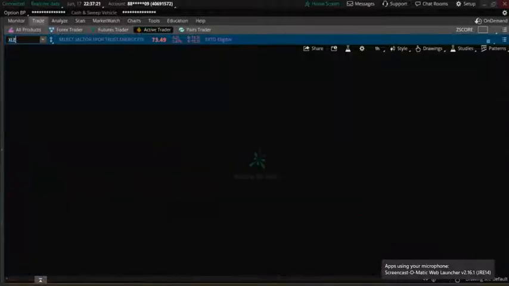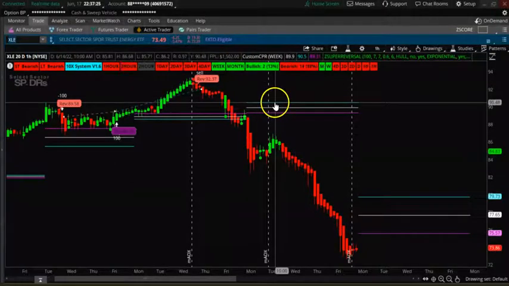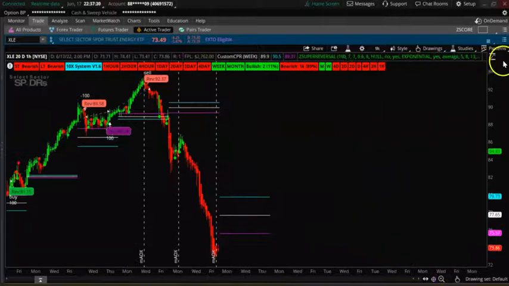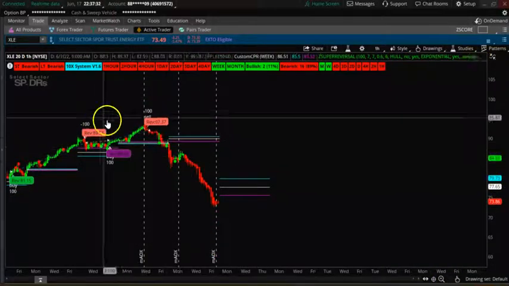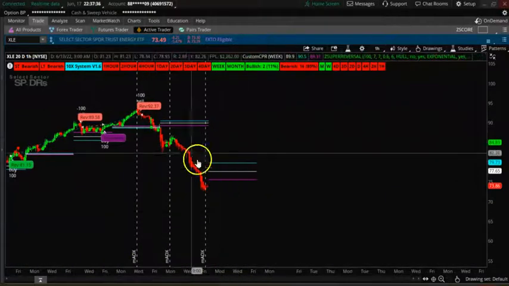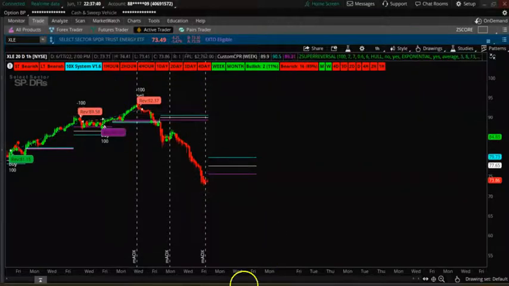You look at XLE. Okay, you can see that we are on a weekly time frame, but it's all downtrending. Everything is downtrending, so you want to be careful. Energy sector is downtrending. Okay, so this is not a good setup.